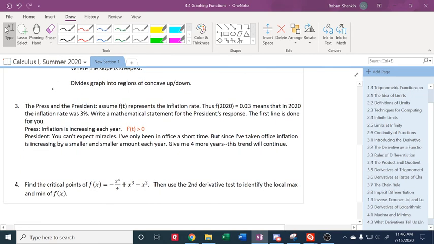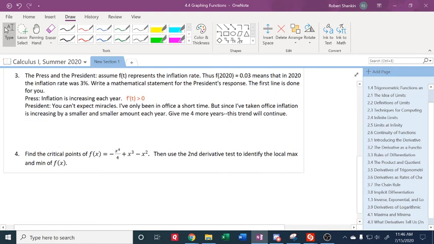All right, let's go to number 3. Here's a situation where let's assume it's not President Trump. Some kind of sane person is in office, and many of the pressures on a president of a country have to do with the economy.